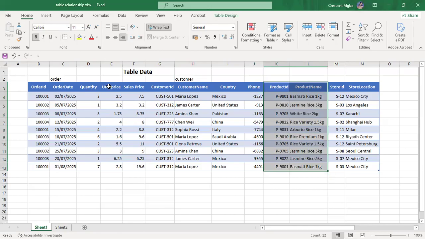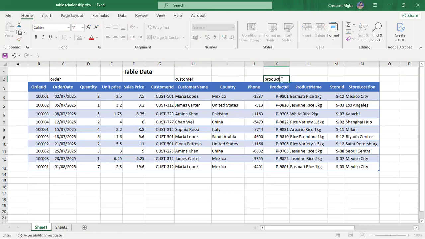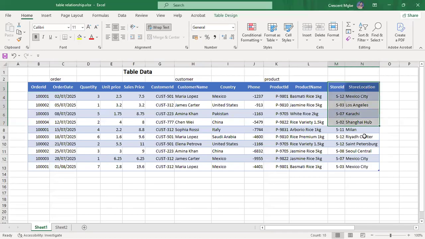And then here, this is the price of the product, the unit price. This is talking about the product. And then the store ID, store location, this is talking about the store. Can you see that we have about 4 different observations here in one table?